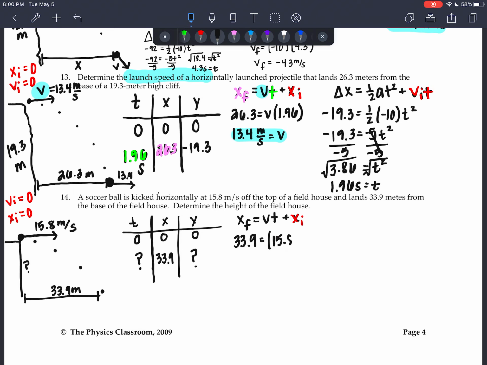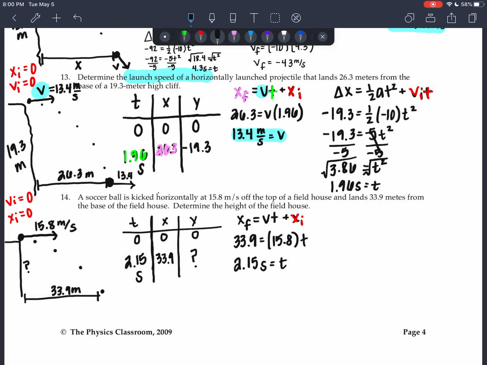My velocity is 15.8 meters per second, a constant velocity horizontally. My time is the one thing I don't know. So I'm going to divide 33.9 by 15.8. When I do that, I get 2.15 seconds for my time. So I'm going to fill this into my table right here, 2.15 seconds.